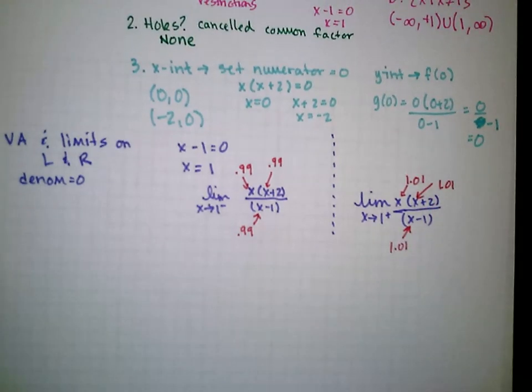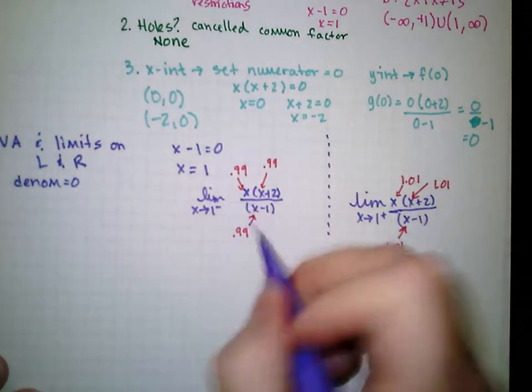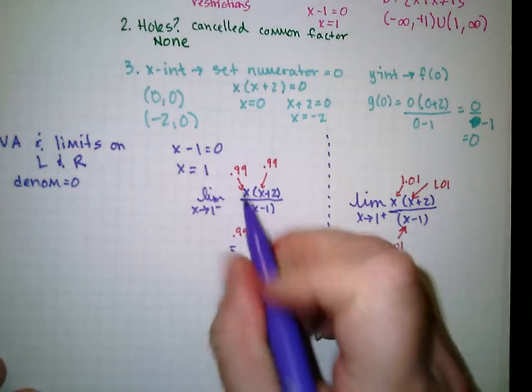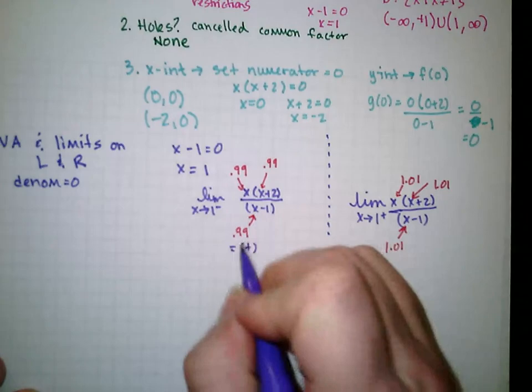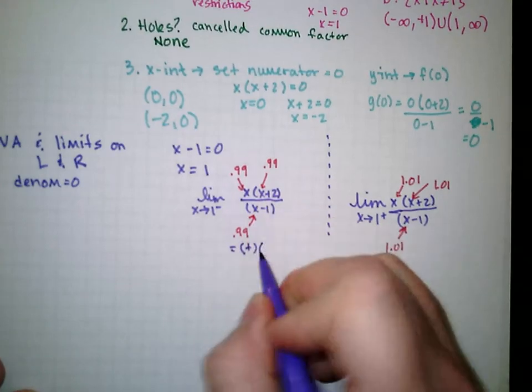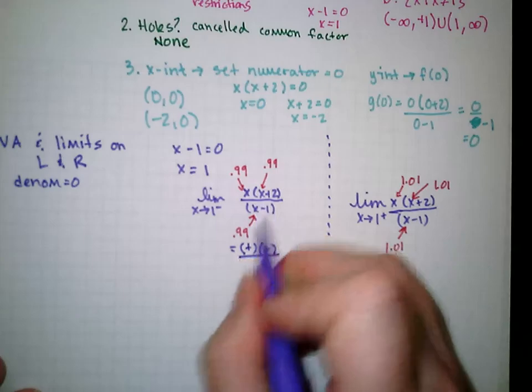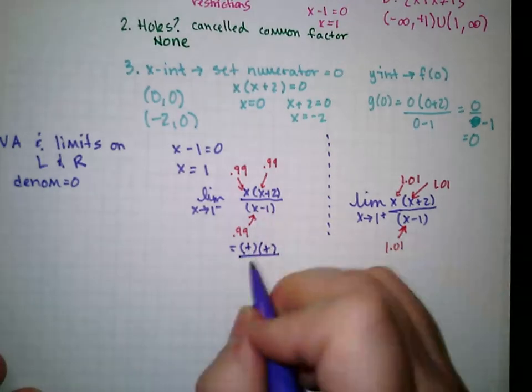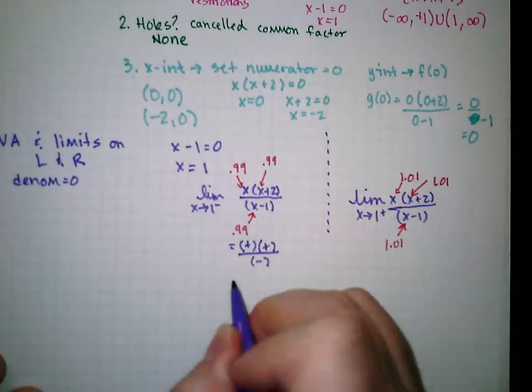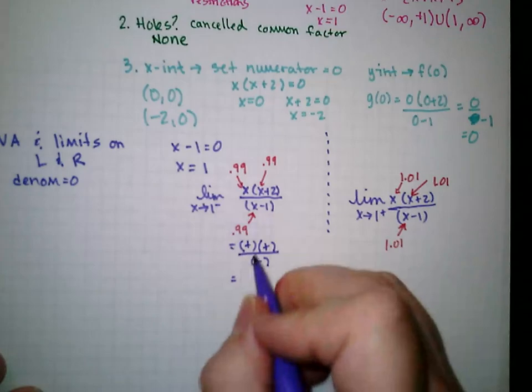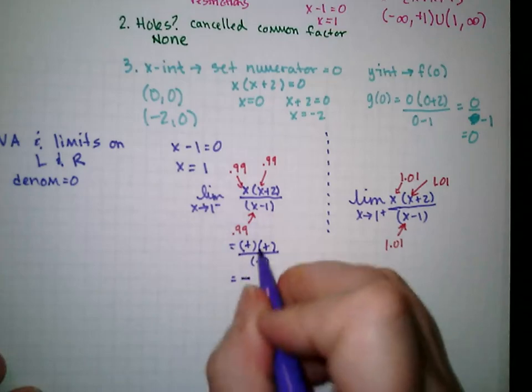And then figuring out if that function is headed towards positive infinity or negative infinity. So we really only care about the signs in this case. So the sign for the x, 0.99, is positive. The sign for x plus 2 is also positive. But the sign for x minus 1, 0.99 minus 1, is going to be negative. So on the left-hand side of 1, we are going to end up with a negative value.